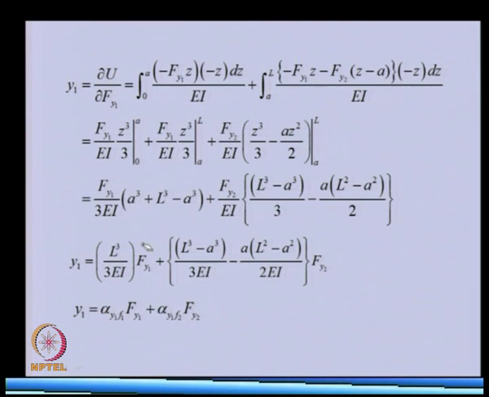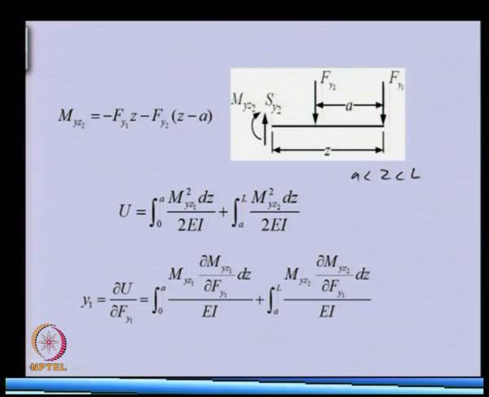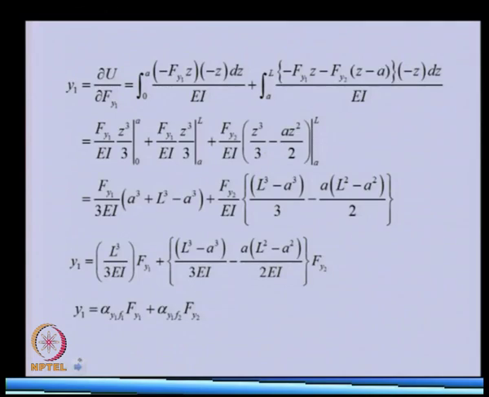You can see because there are two forces, the strain energy is due to both the forces. So, the displacement at location 1 will be due not only to force 1, but to force 2 also, and we can write this expression as y1 equals alpha 11 F1 plus alpha 12 F2.